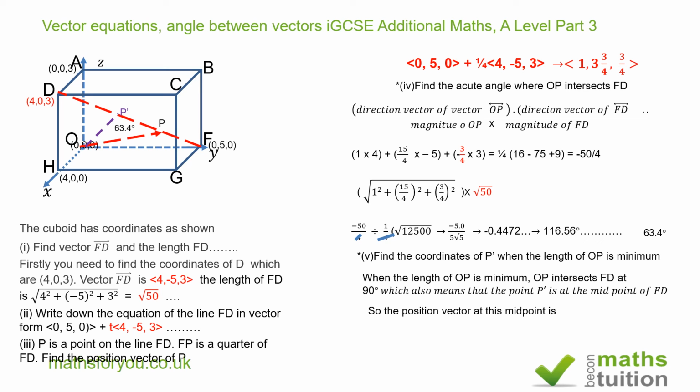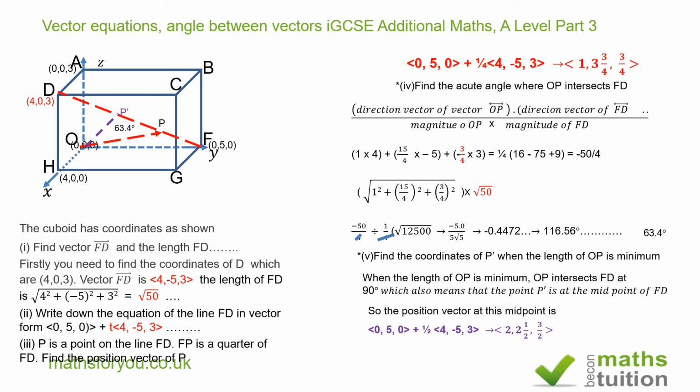So now, as we did earlier, where we replaced T with a quarter, in this instance we're going to replace T with a half. So that then is the position vector of P prime. Now we're looking for the coordinates of P prime.